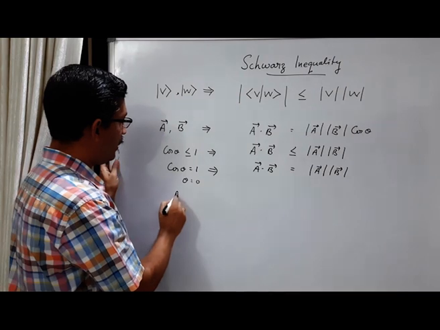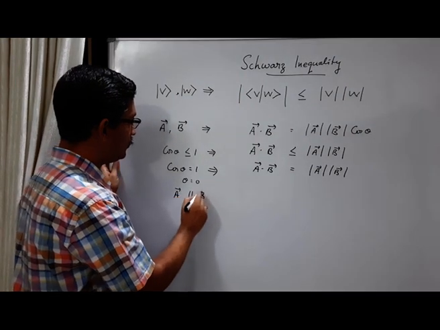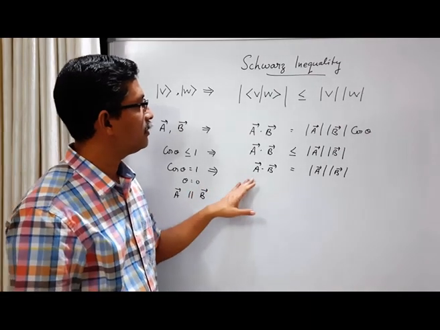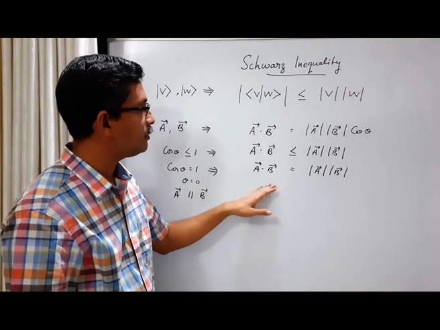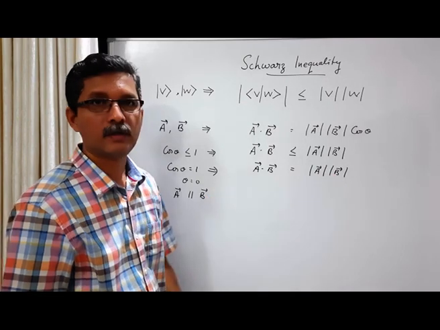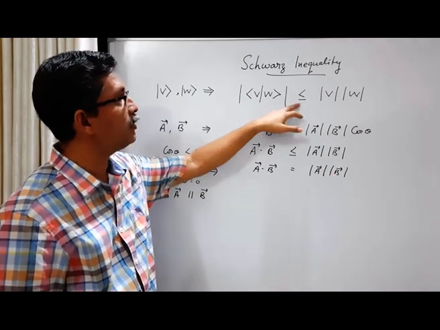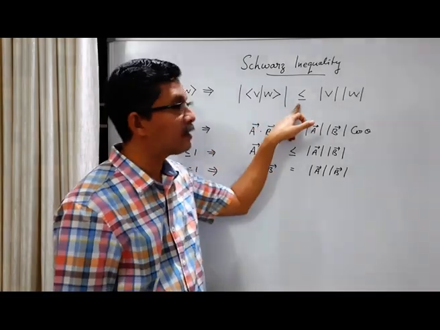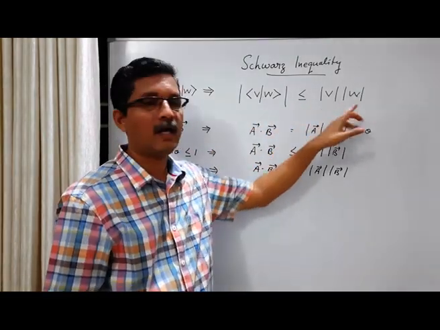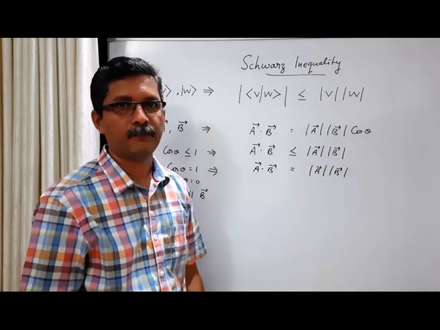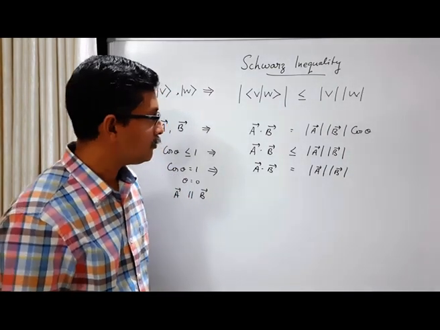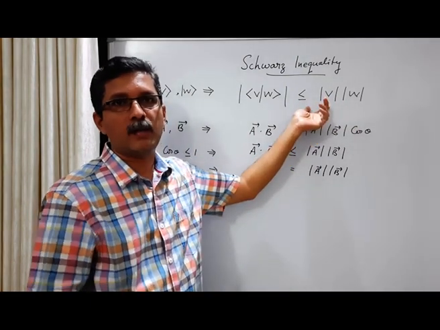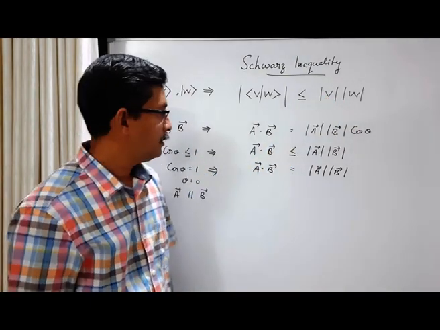That means A is parallel to B. So when two vectors are parallel to each other, the scalar product is equal to the product of the norms. Here also the inequality becomes an equality when these vectors v and w are parallel to each other, meaning one vector can be written as a scalar multiple of the other. That's it.